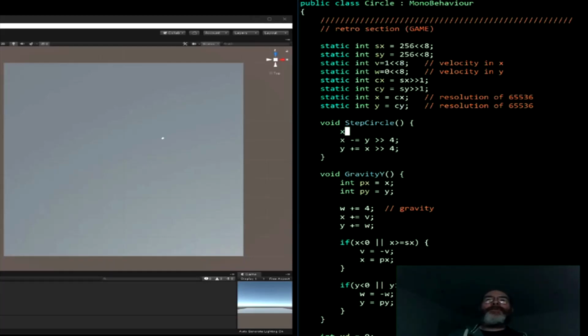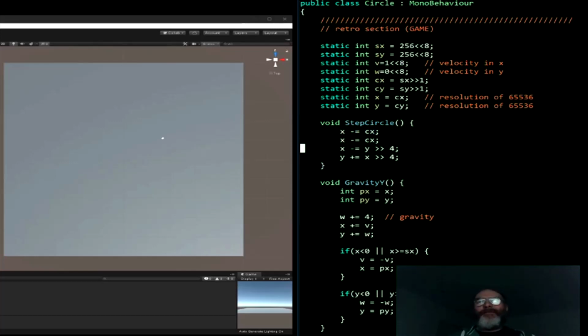So, in order to do that, we can do a simple thing. We take the x and we want to know it relative to the center of the screen, so we subtract cx. I'm using the variables in place, which is very retro.